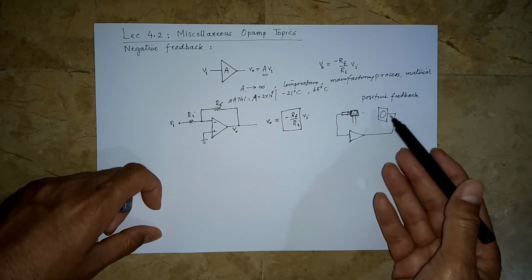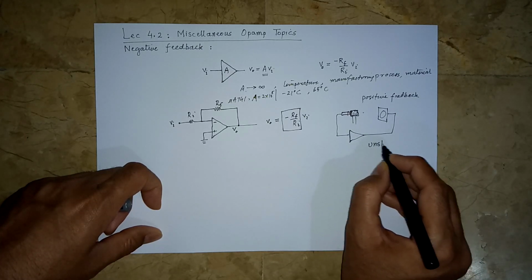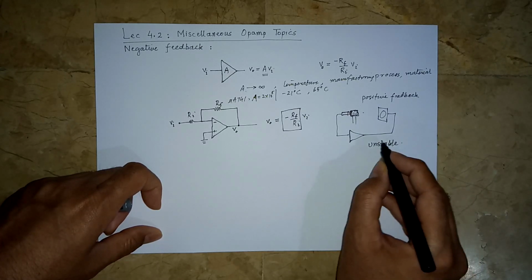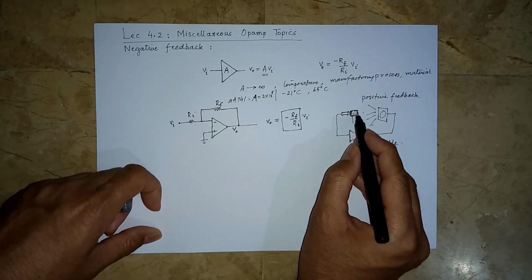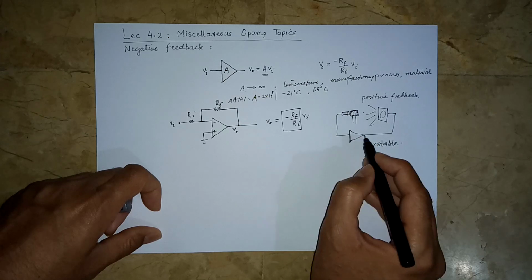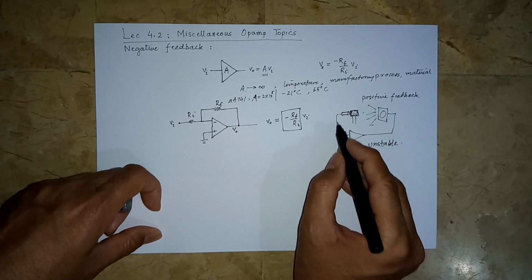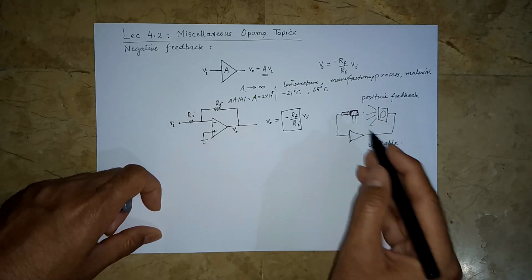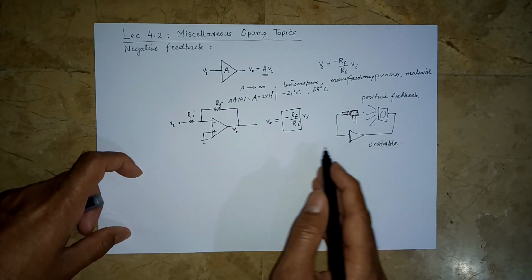So positive feedback is not very useful because it results in unstable systems, as we can see in the example of the microphone and the speaker. If initially a very small signal is being fed here, it gets amplified, and that amplified signal is then picked up and further amplified, and in this positive feedback ultimately it's a scream, an unstable system.